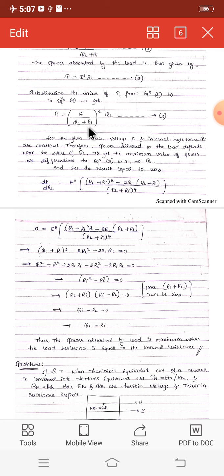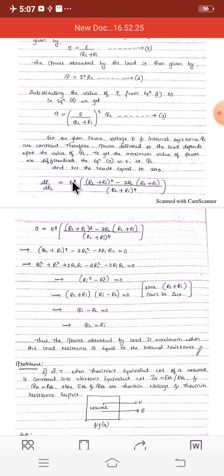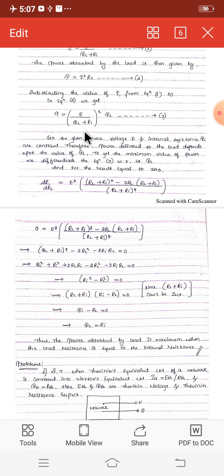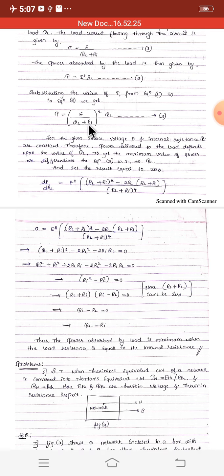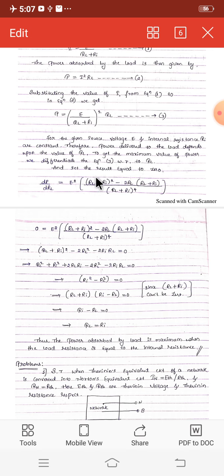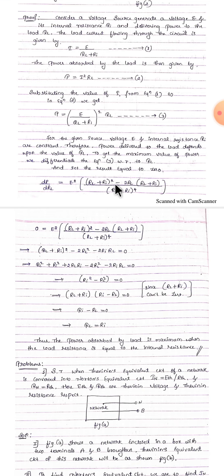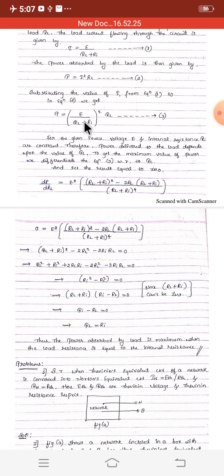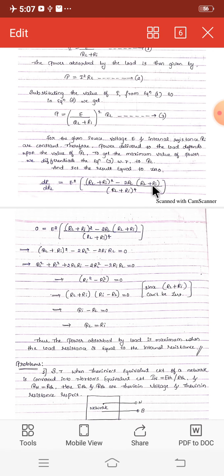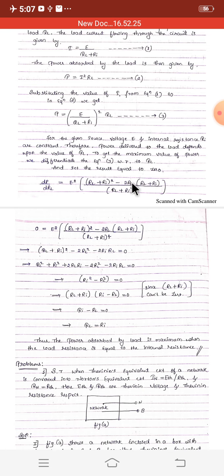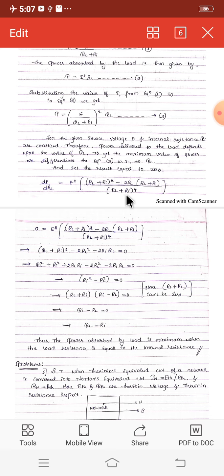First du by dv into V, so V is RL plus Ri squared, and E squared is common, so take E squared as common. Here RL is 1, minus V as it is, Ri plus RL as it is, and the differentiation of RL plus Ri squared is 2 times RL plus Ri, divided by RL plus Ri squared, squared, which becomes the fourth power.